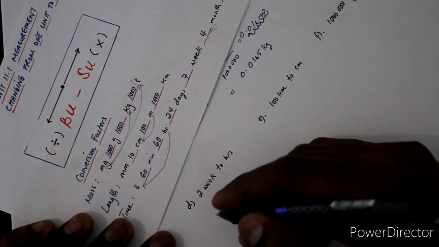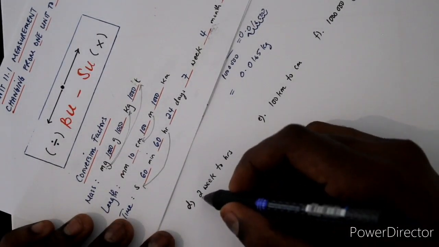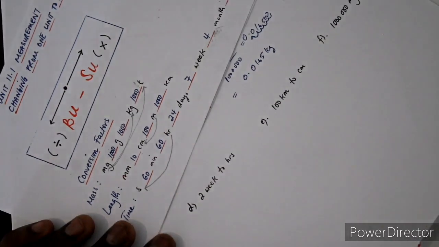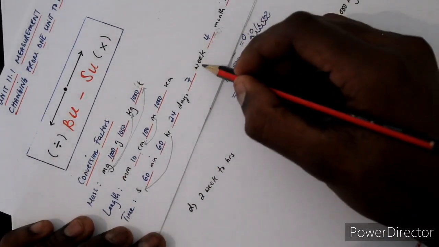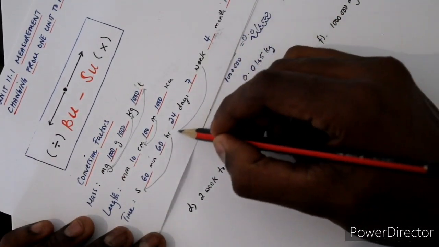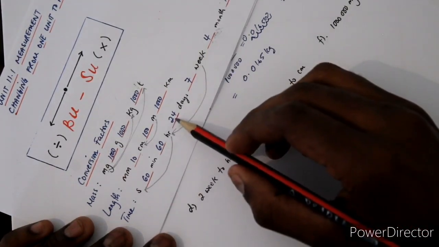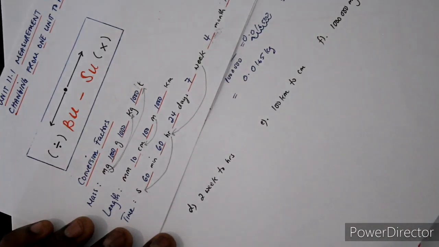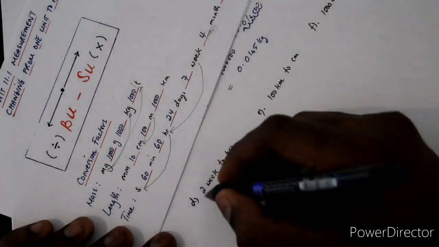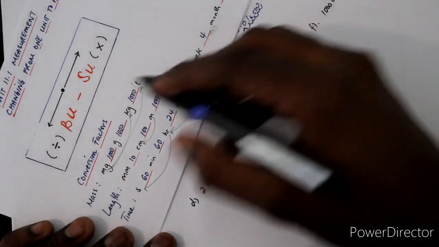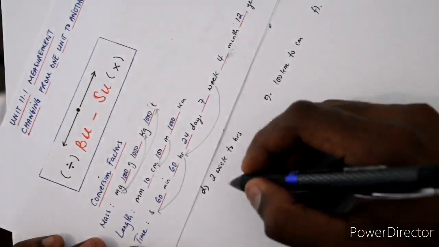Okay, so what if we are to convert 2 weeks to hours? Then we are converting weeks to hours. Our conversion factor will come from 24 times 7. It's a bigger unit to a smaller unit, so we will multiply.